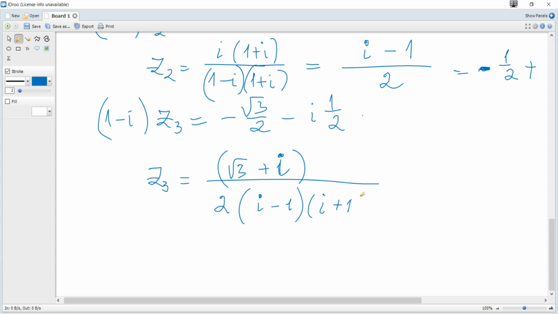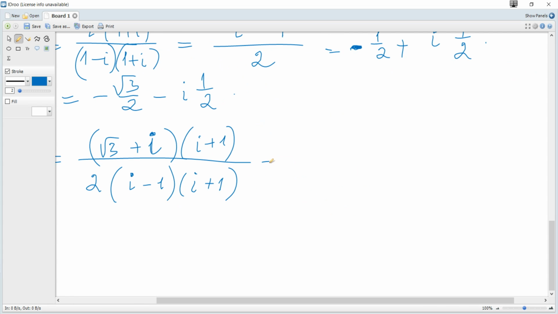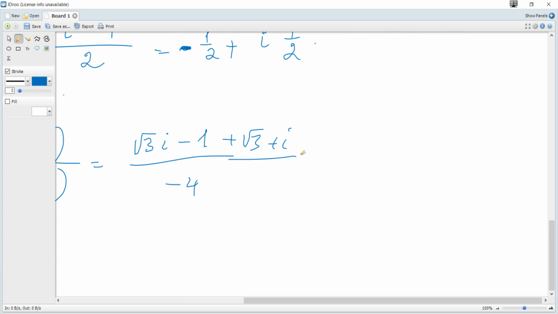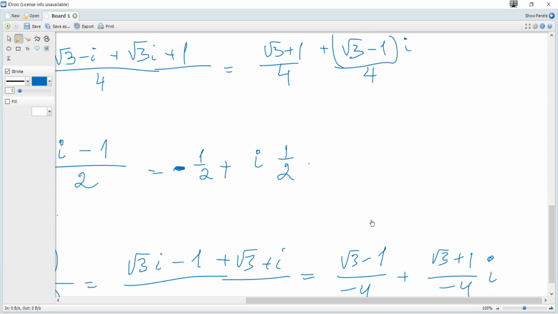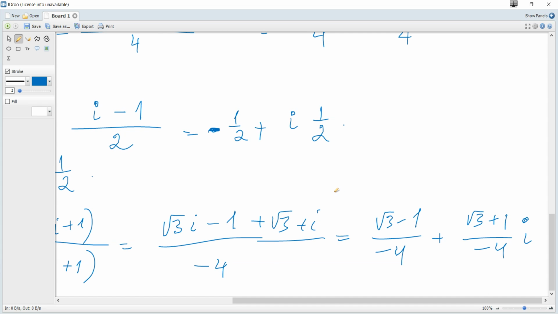And multiply by i plus 1 to get negative 1 minus 1, it's negative 4 in the denominator, and in the numerator root 3 i plus i squared plus root 3 plus i, and it becomes root 3 minus 1 over negative 4 plus root 3 plus 1 over negative 4 i. And that's all for this question.